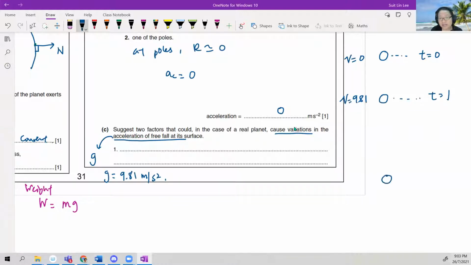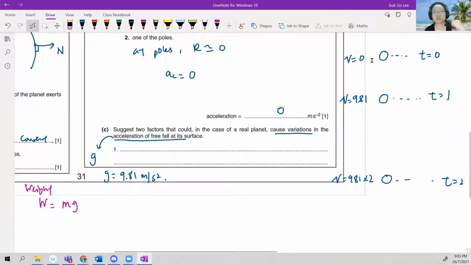After 2 seconds, t equals 2, the v is 9.81 times 2. Understand or not? This is acceleration. This is pecutan. So how much does your velocity increase per unit time? 1 second at 9.81, 2 seconds at another 9.81, 3 seconds at another 9.81.